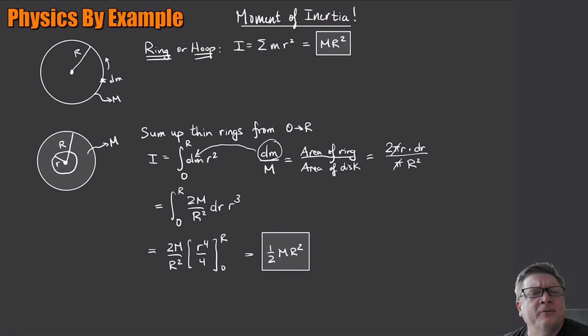It makes sense though, physically, because if you go from a ring or a hoop of mass m to a disk of mass m, you're spreading that mass out and moving some of it closer to the center. If it's moving closer to the center, it should be a little easier to spin. It's interesting that it turns out to be exactly a half. That's not obvious, but it should be less than the moment of inertia of a full ring or hoop. Okay, so on to more objects next time.